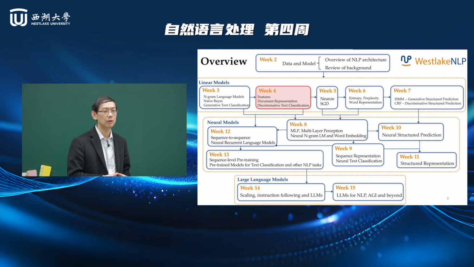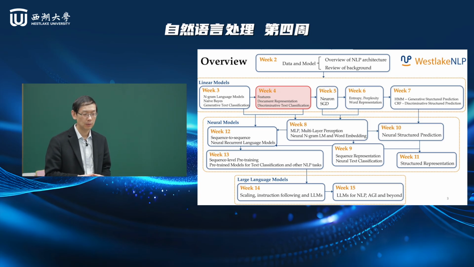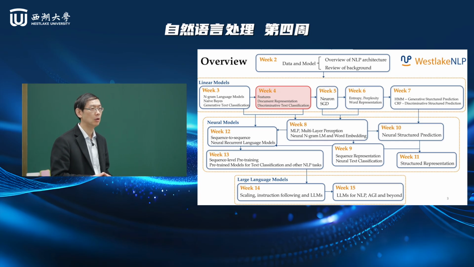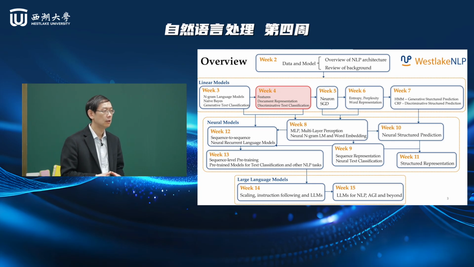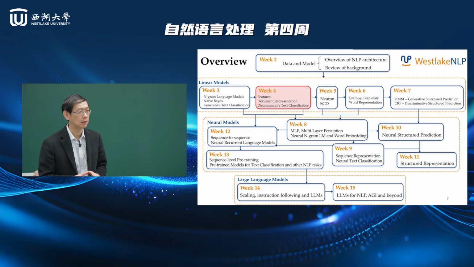So they are generative models, probabilistic models. This week, we will shift to a kind of non-probabilistic models called discriminative models. And these models are built upon a representation vector. This is the first time we talk about representation, which is very important for NLP.